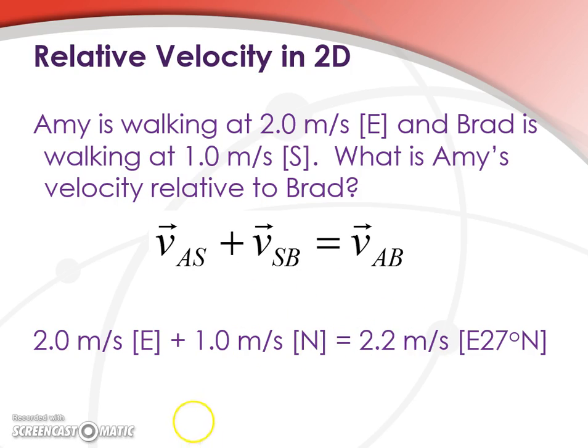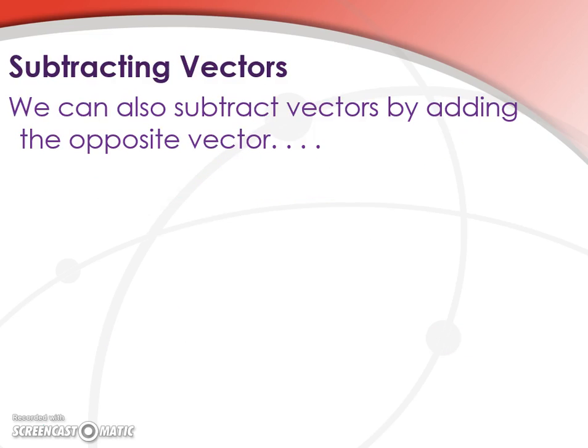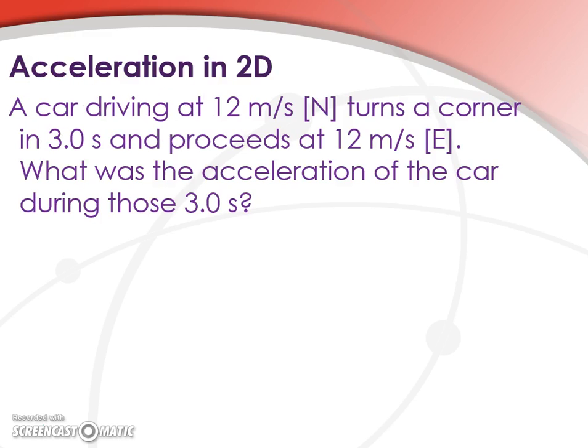And again, the mathematics is identical. In this case, though, we're just reporting velocity instead of displacement. But the mathematics of solving that problem would be identical to our first problem. So we can subtract vectors by adding the opposite vector. And that's kind of what we do here.